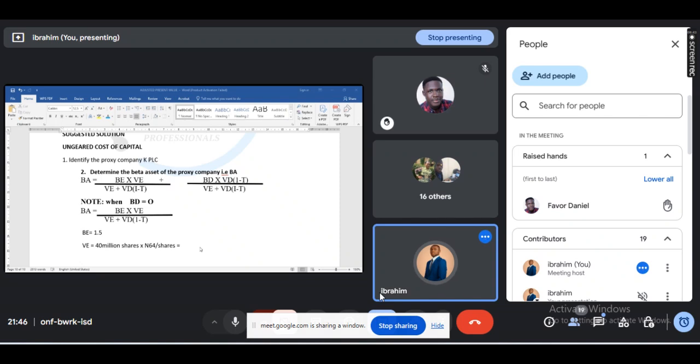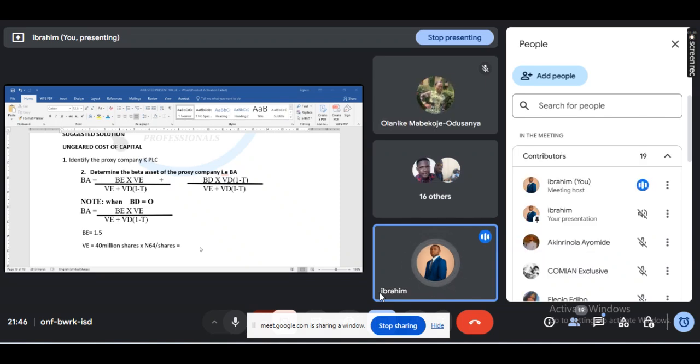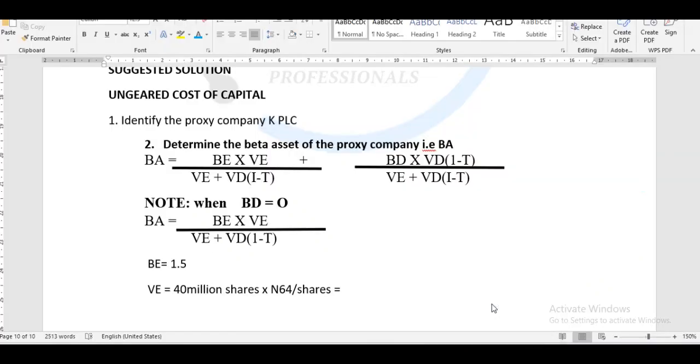If you go to the NGX today, the market price of, say, one of the banks per share times the volume traded, the closing volume traded as at today, will give you the market value of equity of that company as at today, and that is the VE.